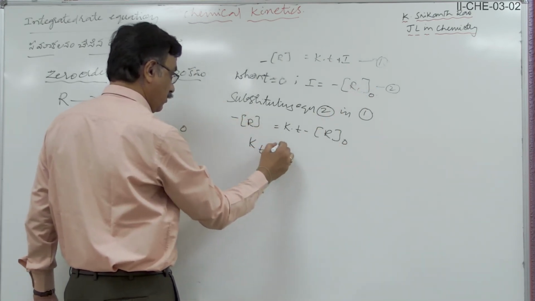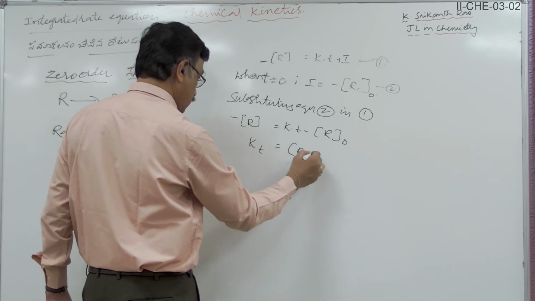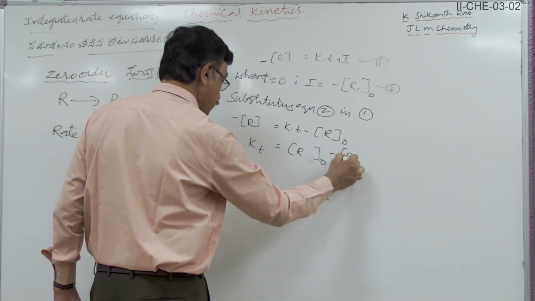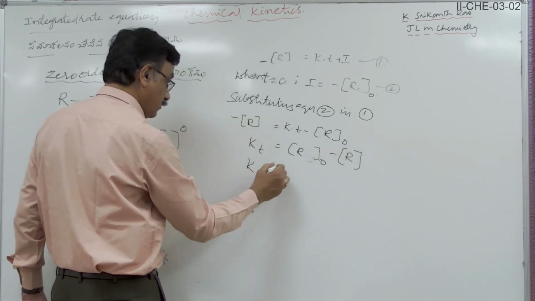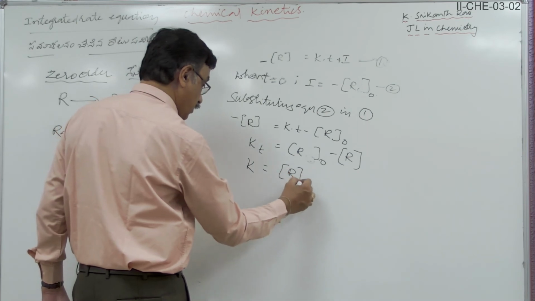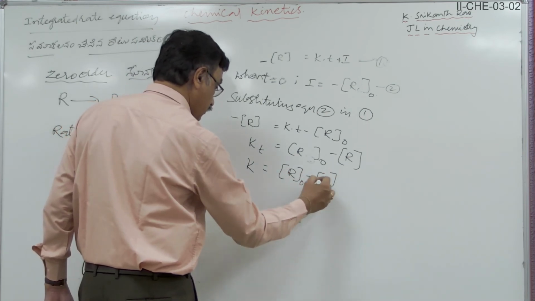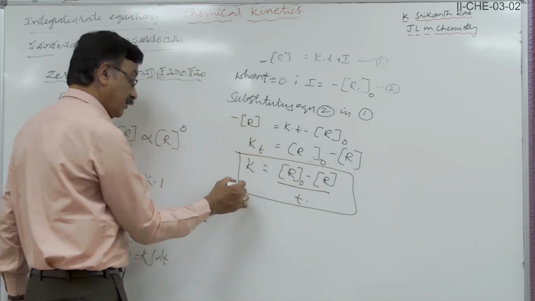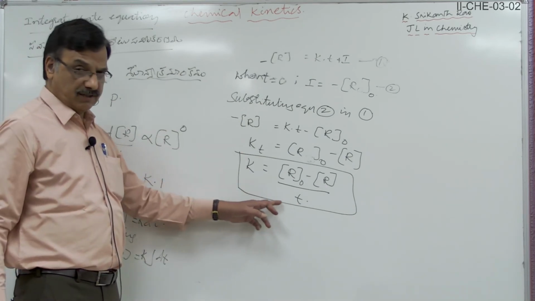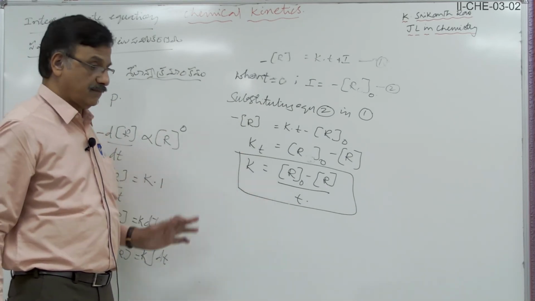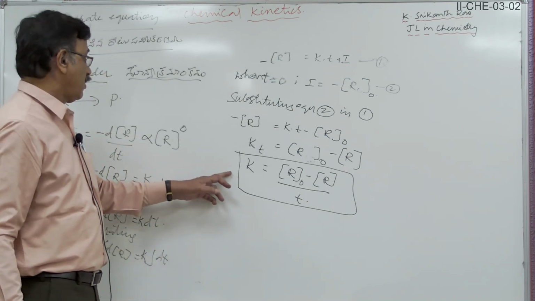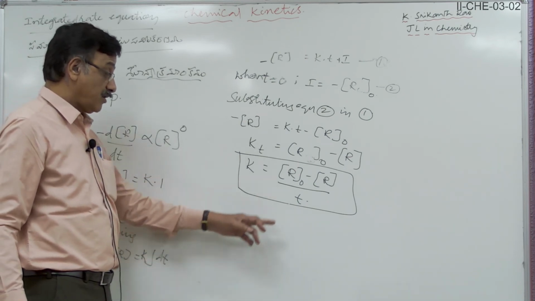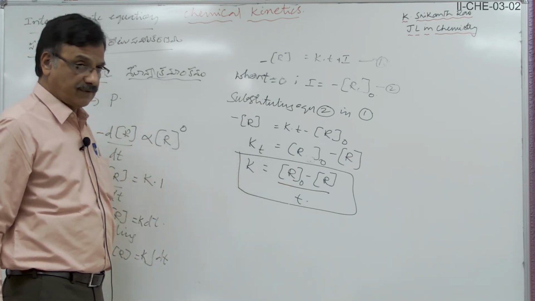So kt equal to R naught minus R, k equal to R naught minus R by t. So this is the expression relating k and t, right? This is for the zero order reaction. For zero order reaction, rate constant k equal to R naught minus R by t, right?